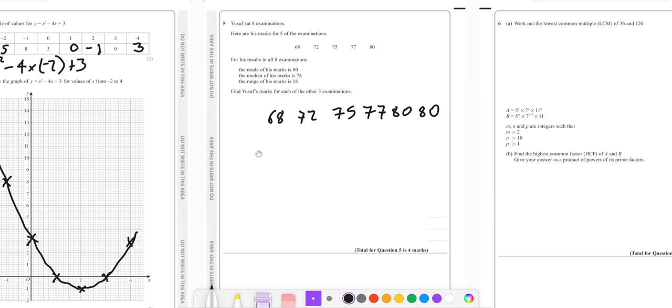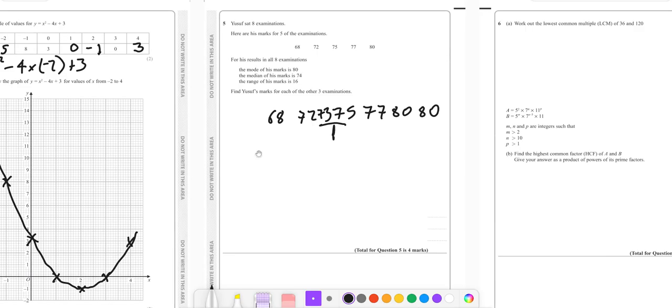So if we put 74 in as the middle one, then we need 4 on each side. So we've got to have a 73 here to make that 74 in the middle. So 74 in the middle, and that's the middle of those two.